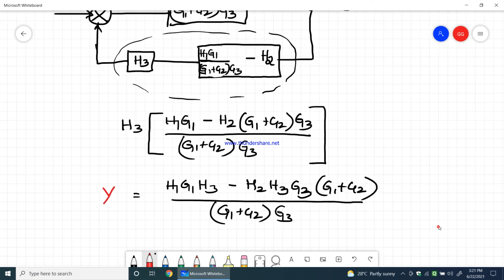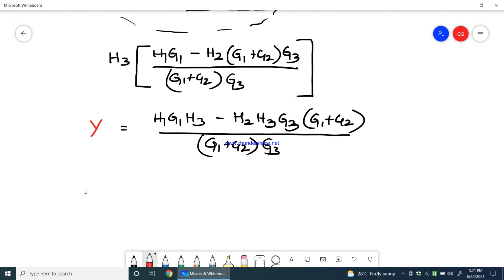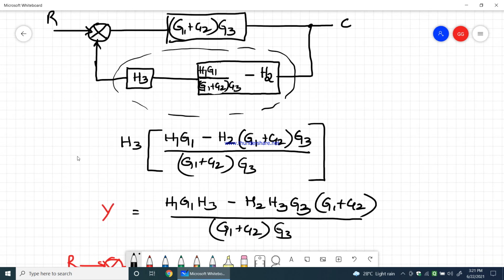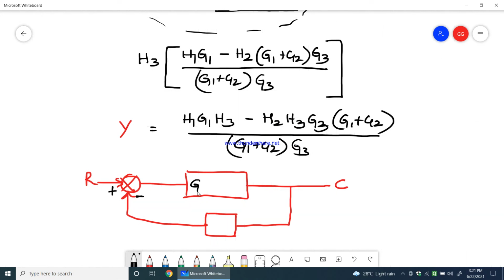In the block diagram, I have R given to one block, then I have C, and the feedback is taken from here and given to this. This is plus, this is minus. This block is G1 plus G2 multiplied by G3, and this is my Y. Y is nothing but this whole expression we have.